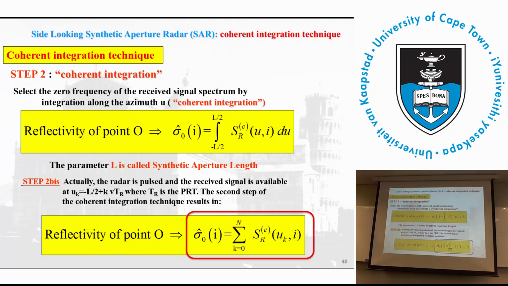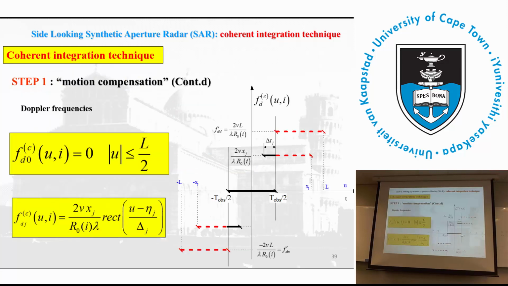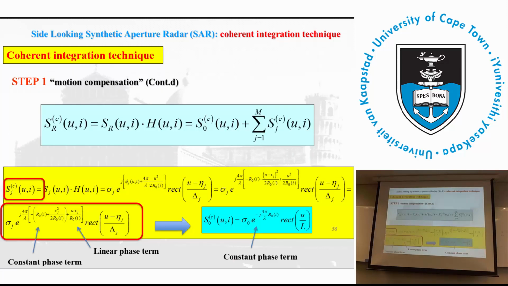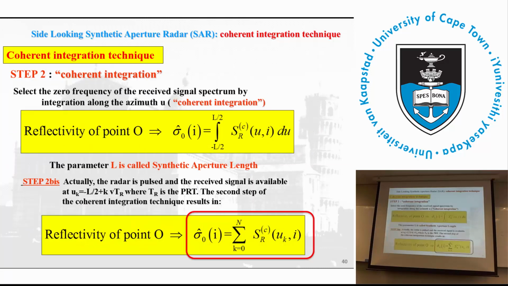So how do we form that image of that point O? Well, now if we sum together all these contributions here, the signal that I compensated, which is here, if I now add all the components up, from minus L divided by 2 to L divided by 2, right?